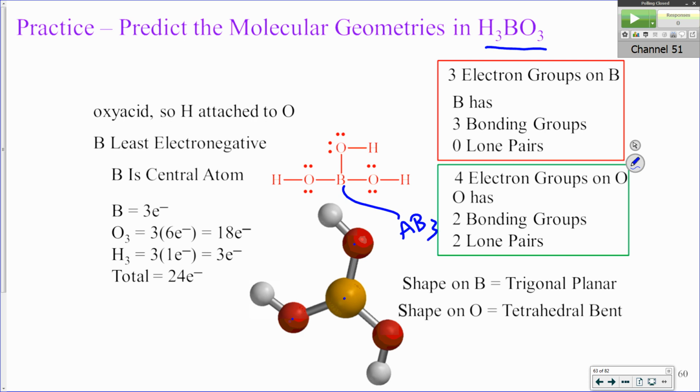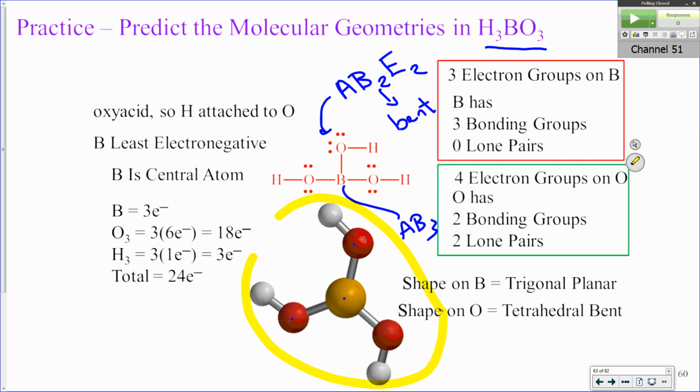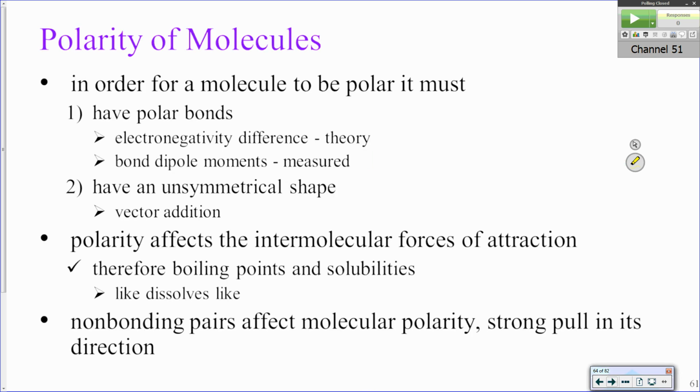Then each one of the oxygens is similar to what we usually find in oxygen. It's an AB2E2, so that's a bent geometry. So from that, we can come up with a tentative shape for what boric acid may look like. Okay, so we can build on these things.